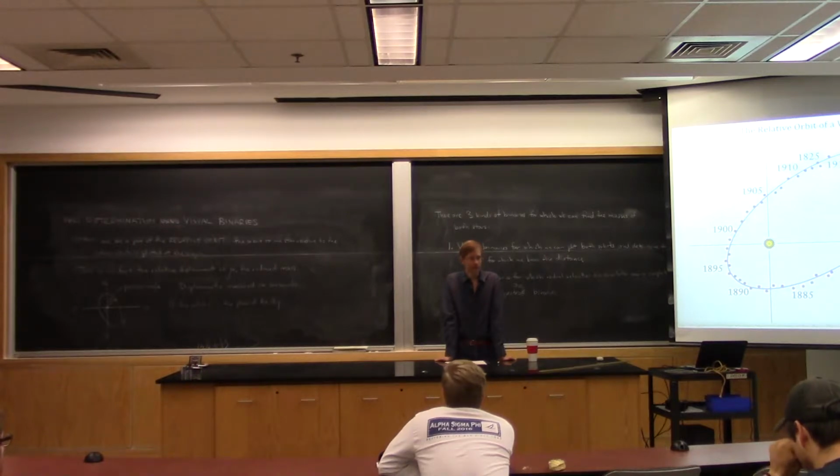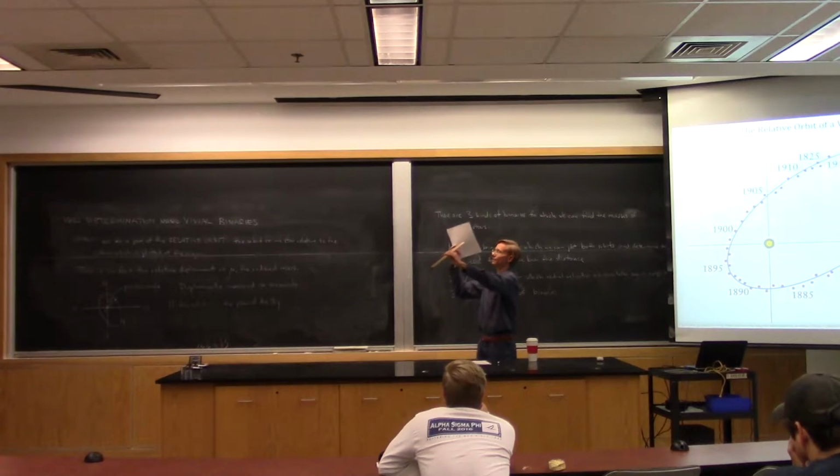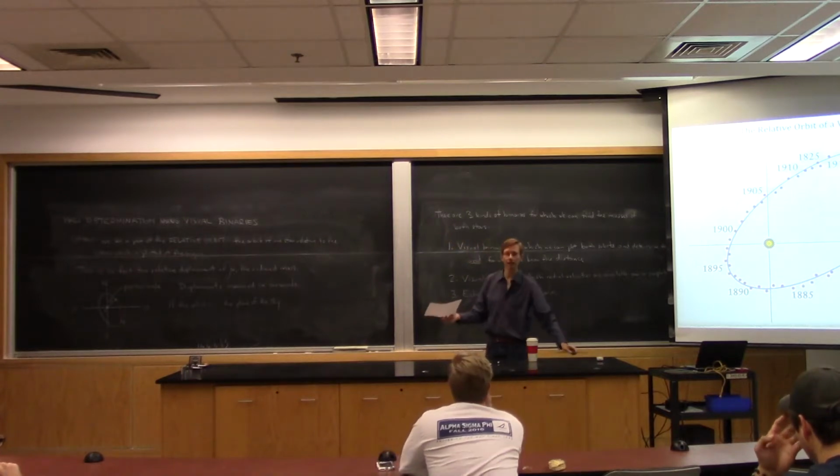So how is that plane oriented relative to our line of sight? It's perpendicular to the line of sight. So we just call that the plane of the sky.